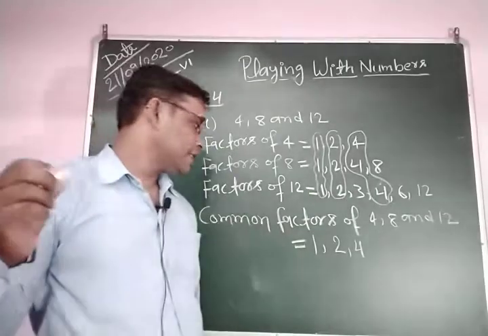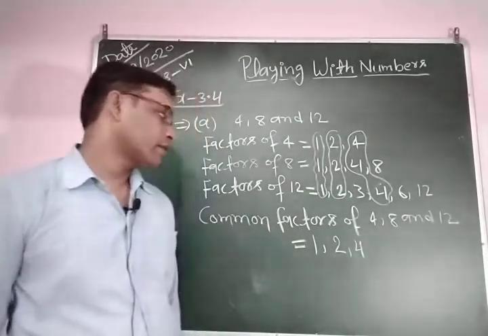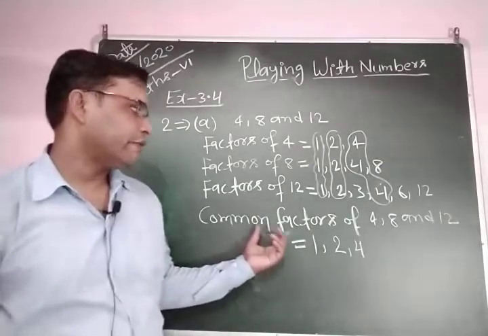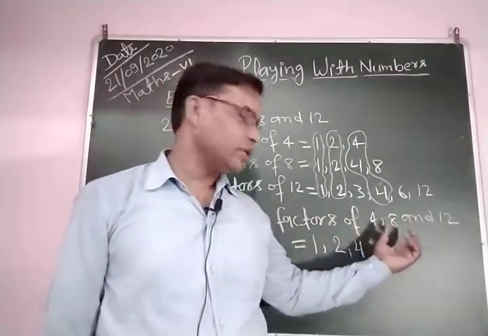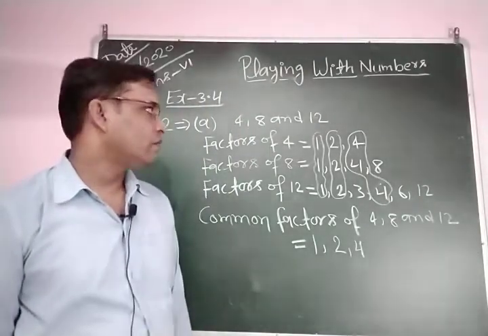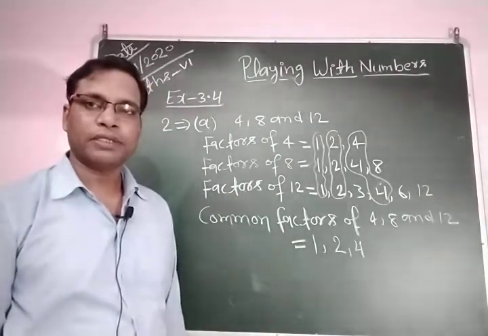So in this way the common factors of 4, 8 and 12 are 1, 2 and 4. I hope all of you know how to find the factors of any number.